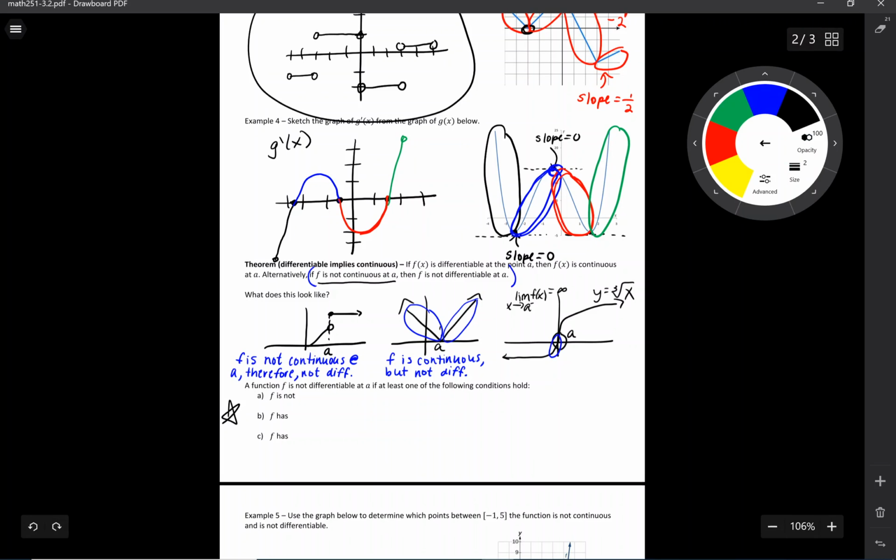But as x approaches a from the right, my function goes to negative infinity. So that's why I am not differentiable at that point. So here f is continuous, but not differentiable.